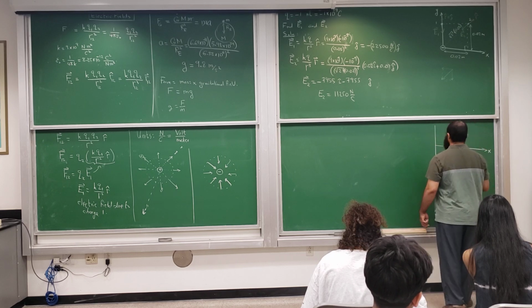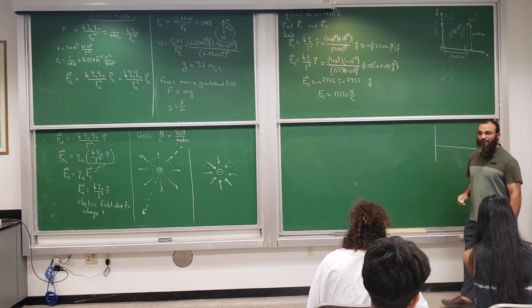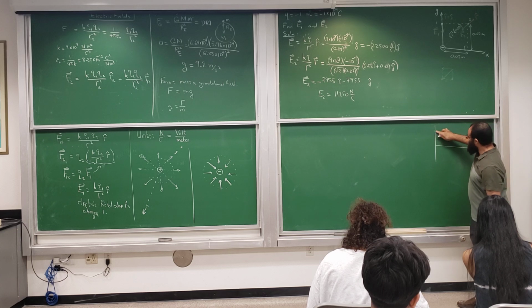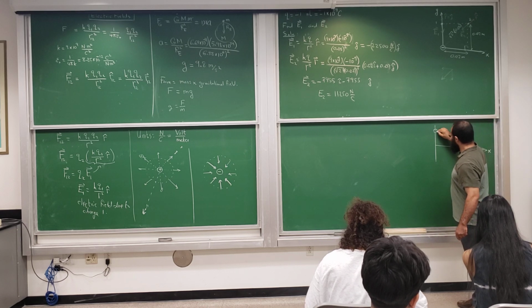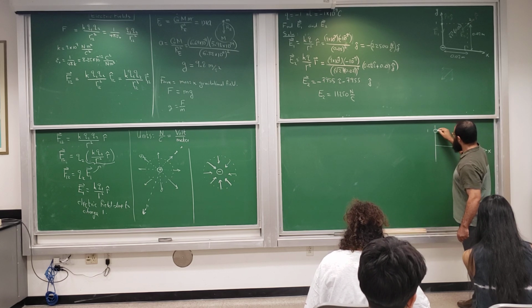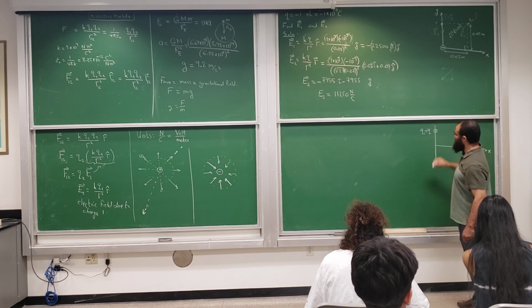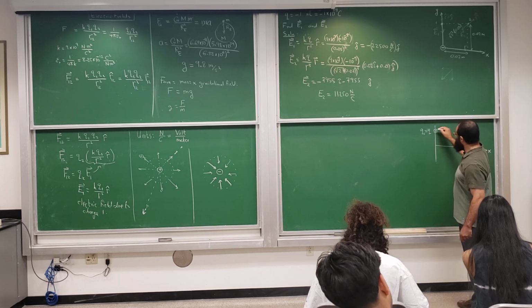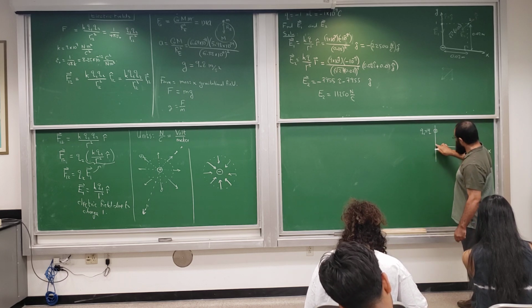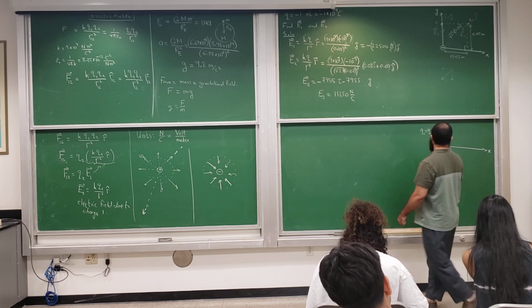the x-axis. This is our next example, okay? Let's say I have a charge. Here is charge 1, and Q1 is just Q, and it's positive. Okay? And charge 2 is going to be here.